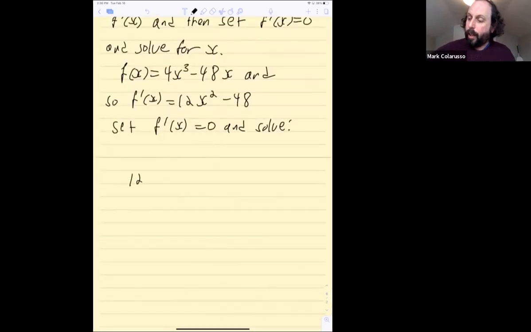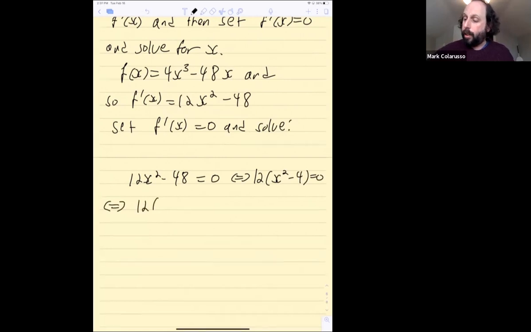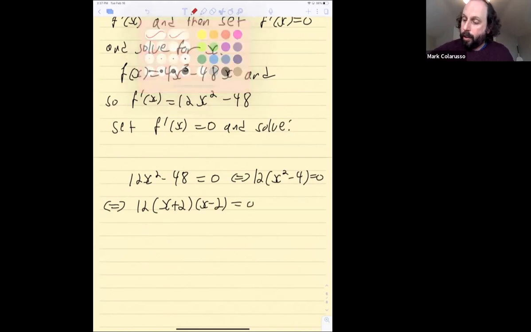So we have 12x squared minus 48 is 0. Then we can factor out 12, so you get x squared minus 4 is 0. And this factors very nicely. So we have 12 times (x plus 2) times (x minus 2) equals 0. Hopefully you remember that's your difference of squares factoring.